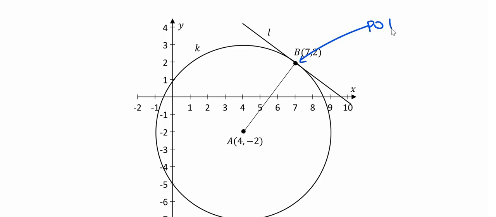So that point of contact there, that is a 90-degree angle there, and always is the case with the tangent line, from a line drawn from the centre to the point of contact.